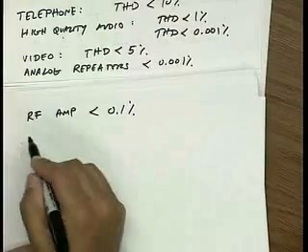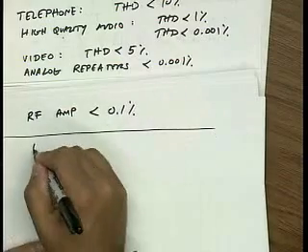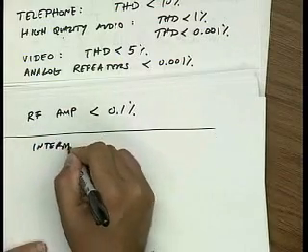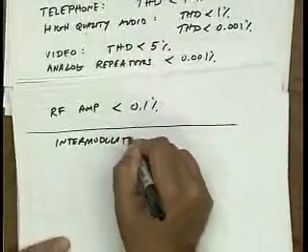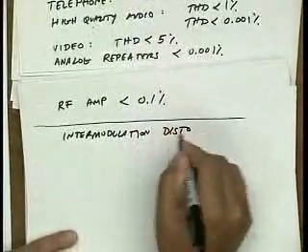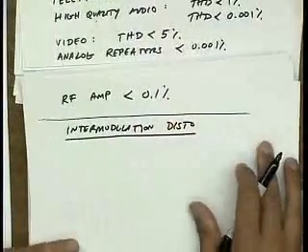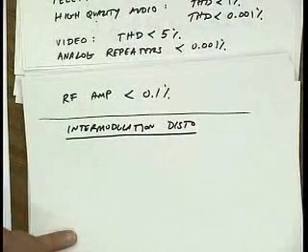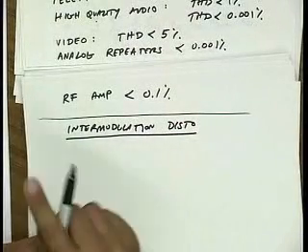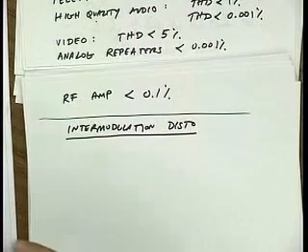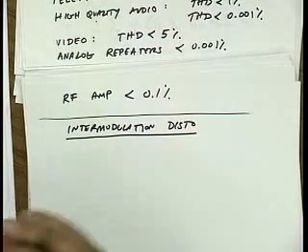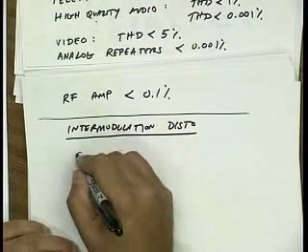Okay. So now we're going to talk about intermodulation distortion. Okay. So far, all we did was we put one tone into a nonlinear system and found that it generated all these harmonics. Well, what happens if you put more than one tone?